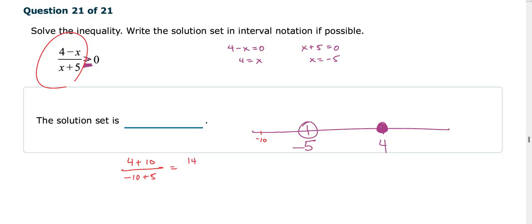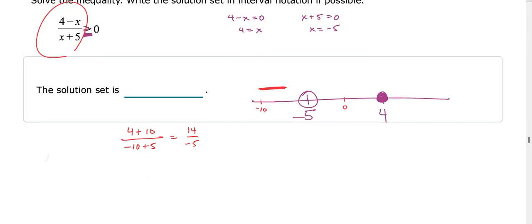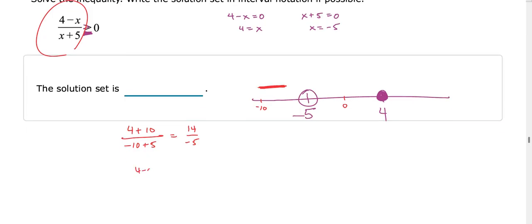If I plug in 0, I would get 4 minus 0 over 0 plus 5, which would be 4/5. That's a positive number. If I were to plug in 5, I would get 4 minus 5 over 5 plus 5, which is negative 1 over 10. That's a negative number.